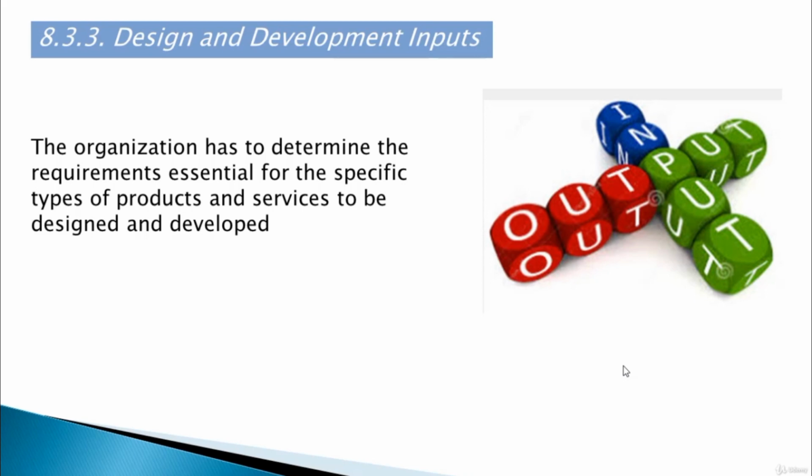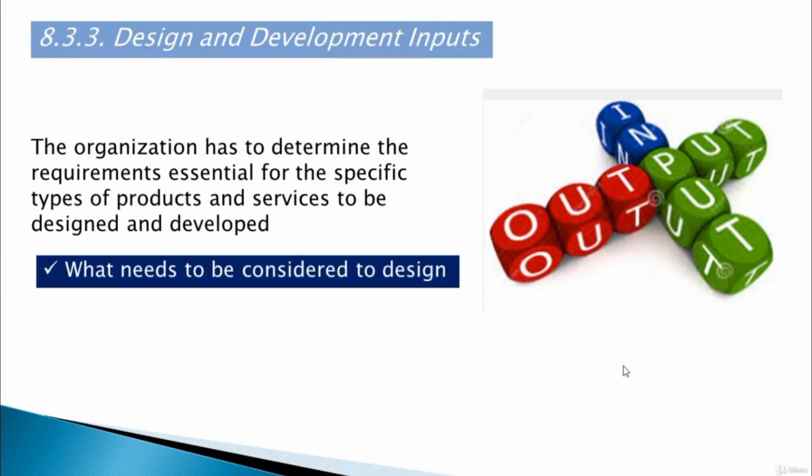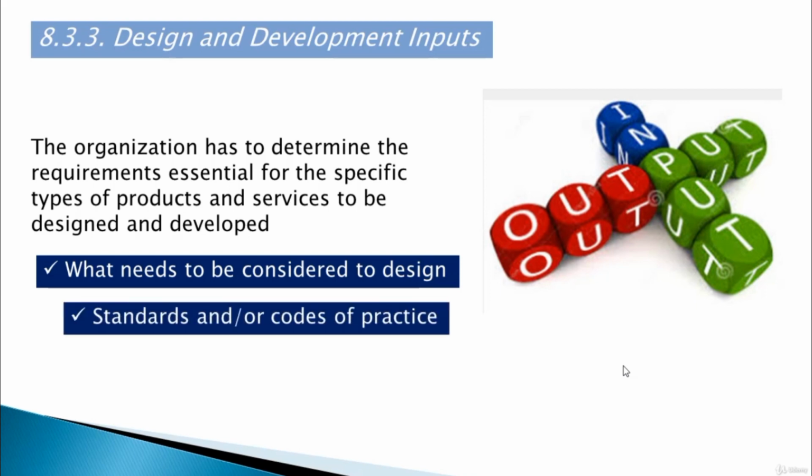Now, basically, the organization needs to consider what requirements and what needs before starting to design and develop any products and services. So what needs to be considered to design, and we're talking maybe standards or codes of practice. Codes of practice is a practical guide to achieving these standards of health, safety, and welfare.